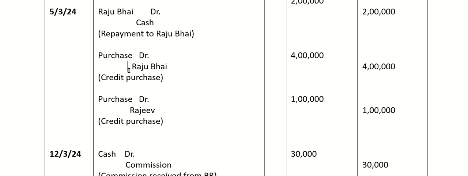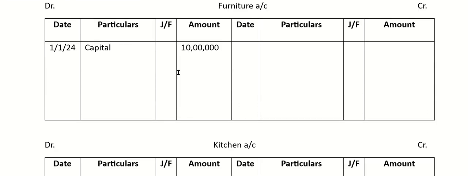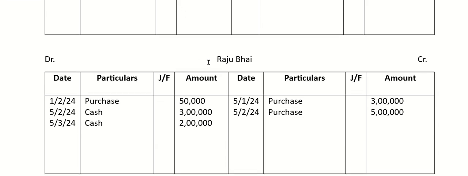So we write purchase in the Raju Bhai account alone. Remember, it is not 'to Raju Bhai'. On 5/3/2024 we will write purchase, and the amount was 4 lakh rupees.